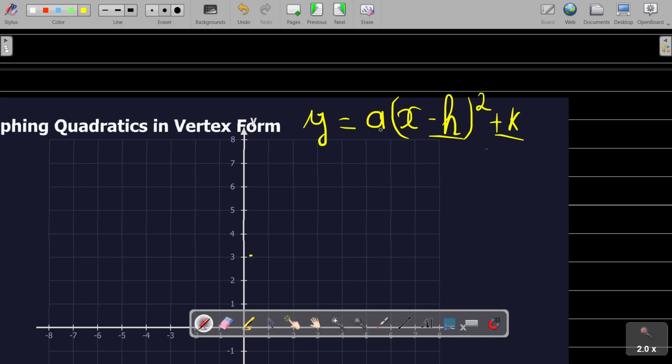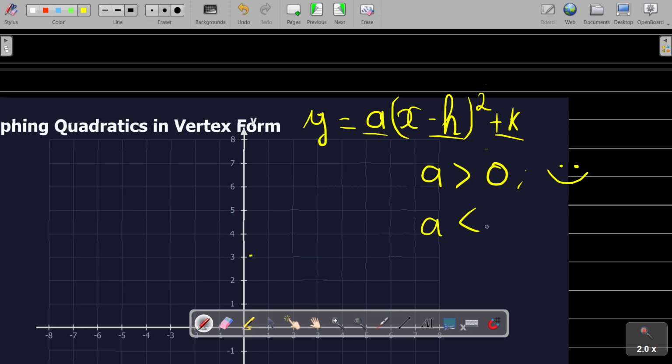Okay, so we're going to decipher this a. When a is greater than 0, it's going to open upward. You can imagine this as a smiley face.